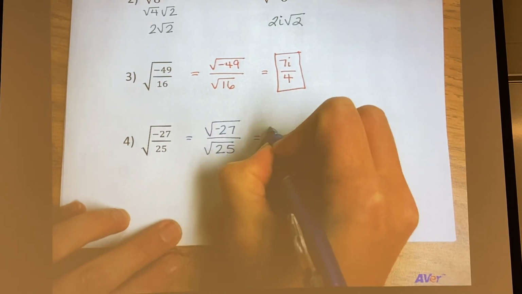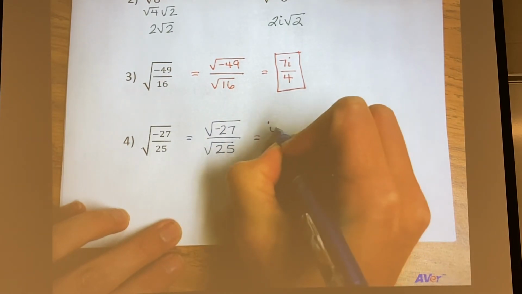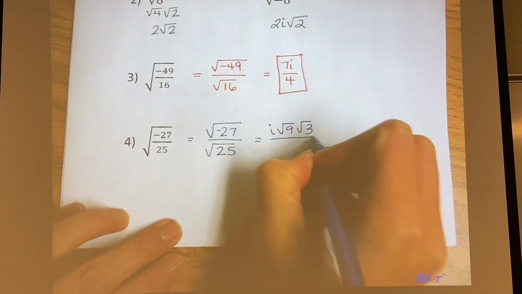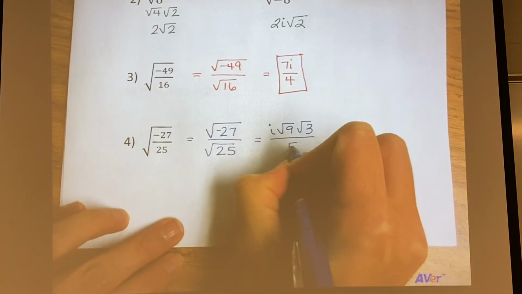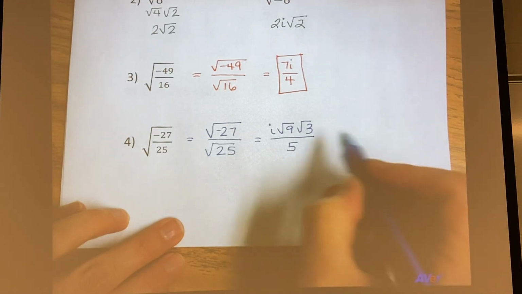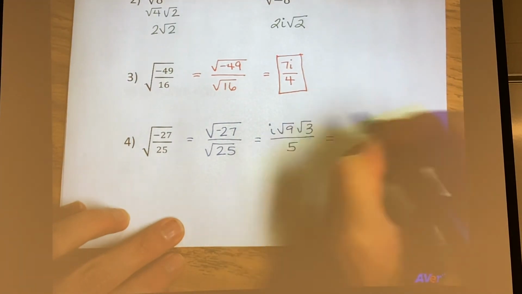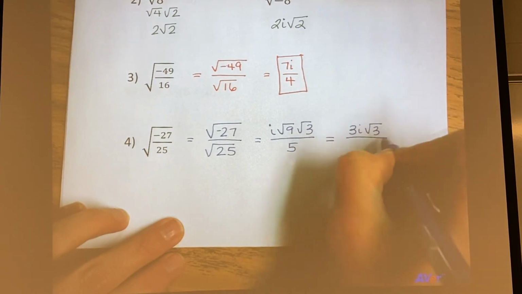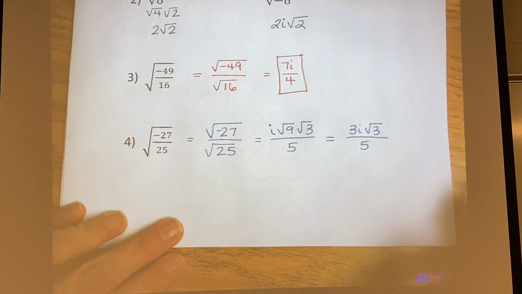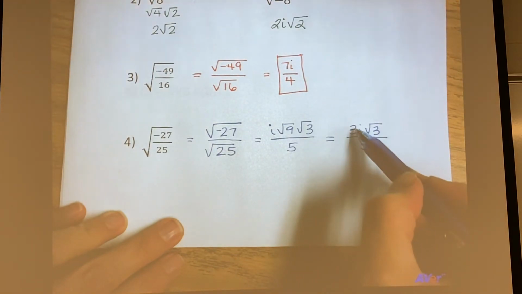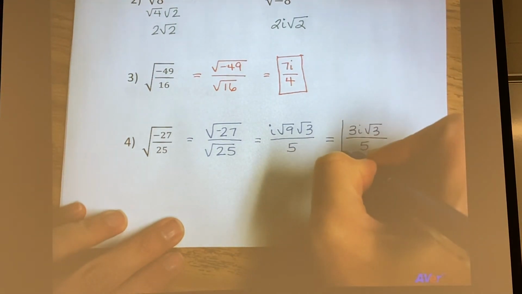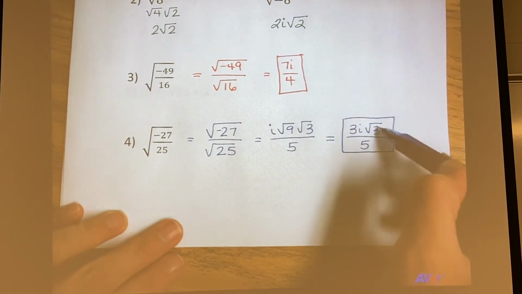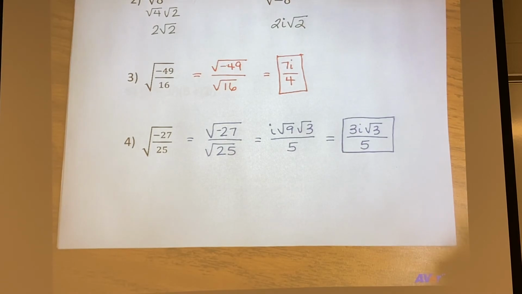So we pull that i on the outside to get rid of the negative, and then we have the square root of 9 times the square root of 3 all over the square root of 25, which is 5. And then in our numerator, the square root of 9 is 3, so we can write it as 3i radical 3 over 5. We would want to check these coefficients out in front, the 3 and the 5. If they had any common factors, we would want to divide those out. But you can't touch the stuff that's underneath the radical, so that would need to stay the same.